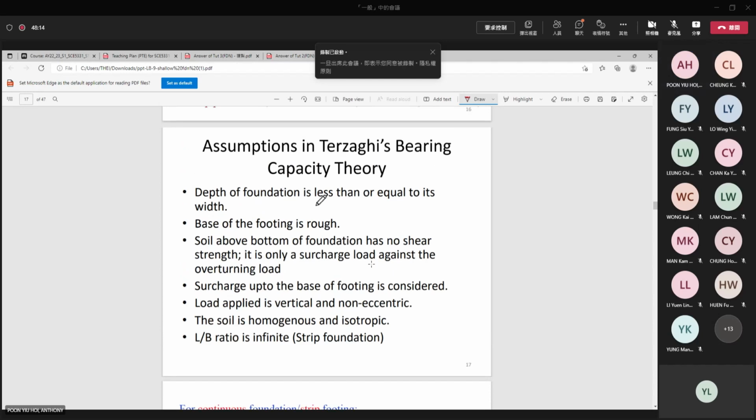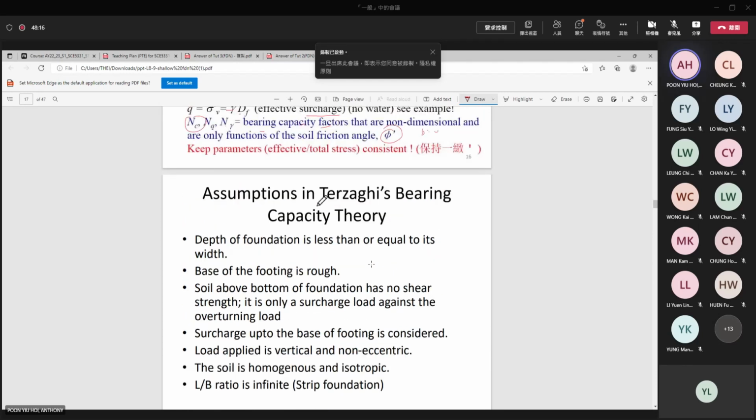Okay, and I also want to briefly go through the assumptions in Terzaghi's bearing capacity theory. It is important to know the depth again because this is a shallow foundation.